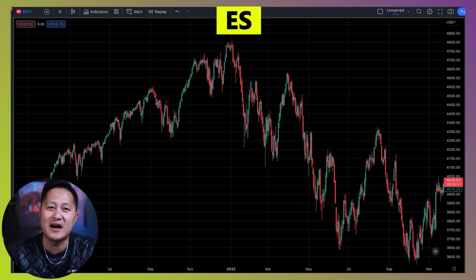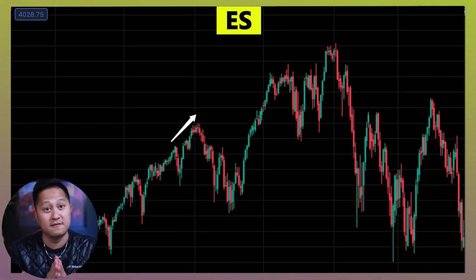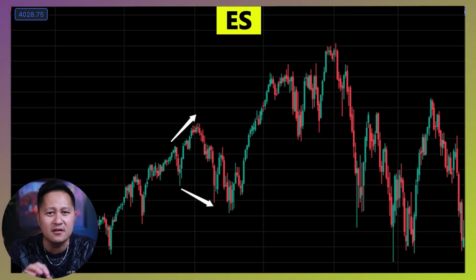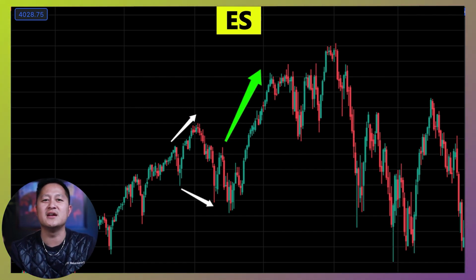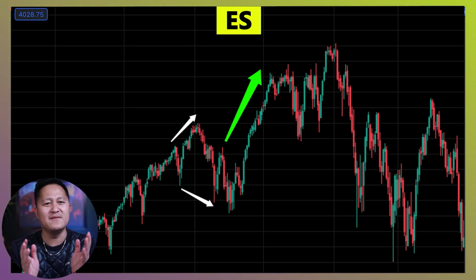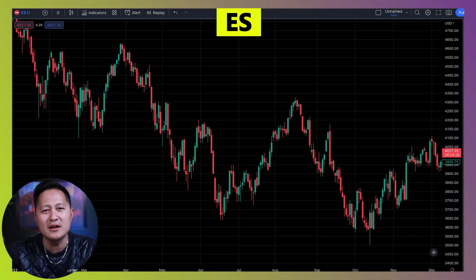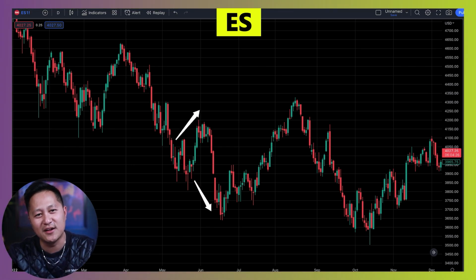This is the SP 500, by the way. Check out that rally after making the high, followed by the lower low. Unusual, right? And if you're looking for another lower high and lower low to short this market down, good luck. Because what happened after is another rally to the upside, and this is a perfect example of a broadening top. Then, in May of 2022, in a broadening bottom pattern on a downtrend, the market runs up, once again making the higher high, then followed by the lower low.